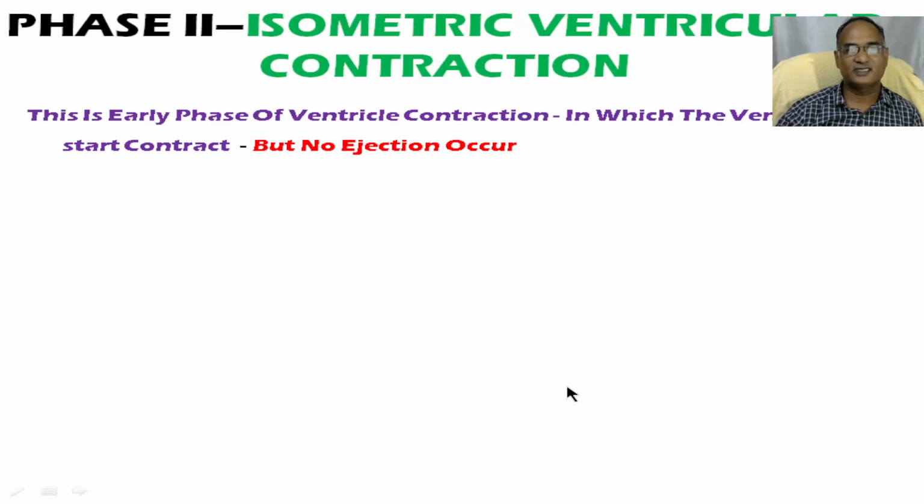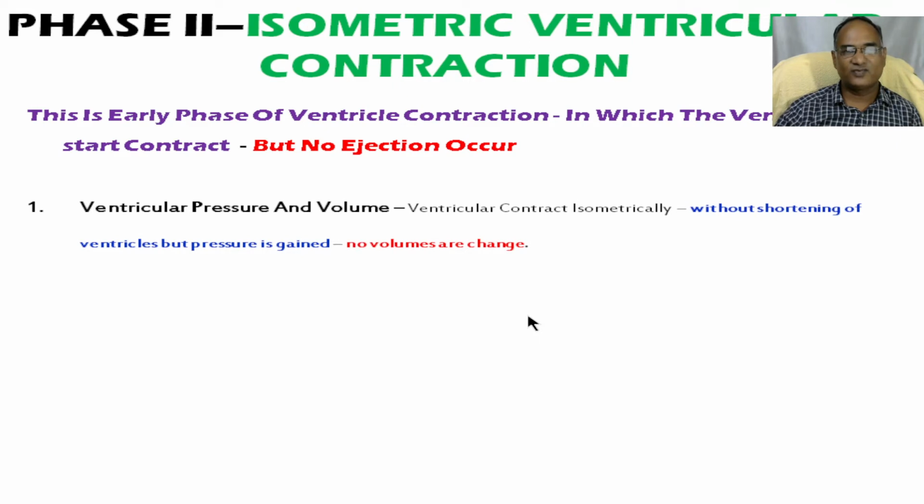The second phase is the early phase of ventricular contraction, in which the ventricle starts to contract, but there is no change in volume. Isovolumetric ventricular contraction means pressure will be created. All the valves are closed. So there will be an increase of pressure within the chamber and walls.